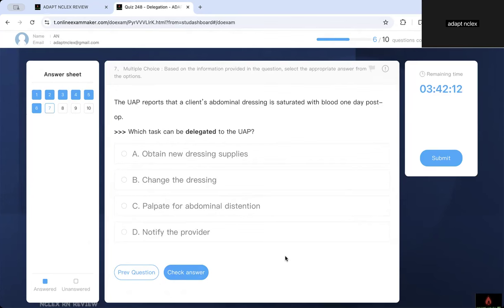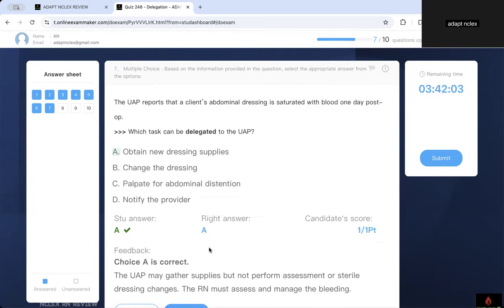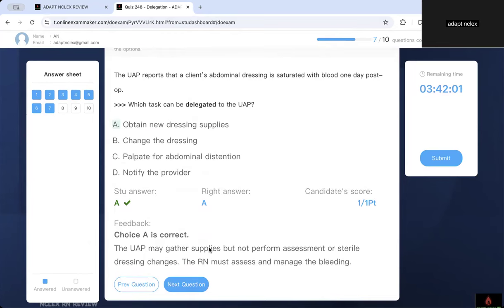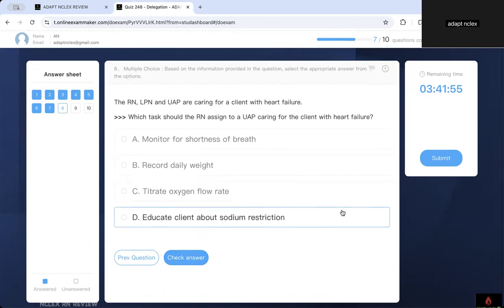Palpating for abdominal distension, nursing process, assessment. Letting the doctor know, negative. Don't put the UAP through that. They have to make an assessment, describe what they see, talk to the doctor, and answer what the doctor will ask, what have you done? That's not a UAP job.